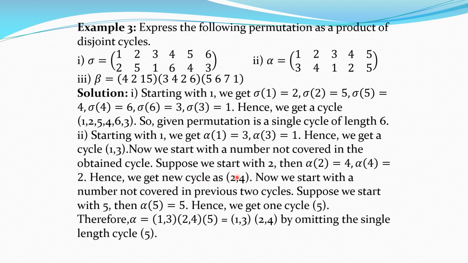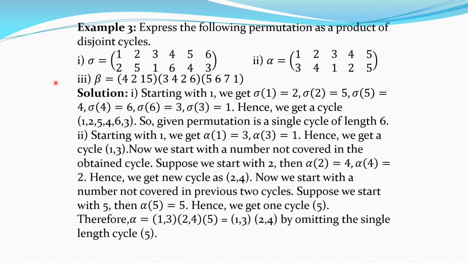That is another cycle. Now the number not covered in these two cycles is 5, which maps to itself, so it is a single cycle. So we actually get 3 cycles: (1, 3), (2, 4) and (5). We can omit the cycle (5) because it has length 1. So finally alpha is equal to (1, 3)(2, 4), a composition of two cycles which are disjoint because they do not have any element in common.